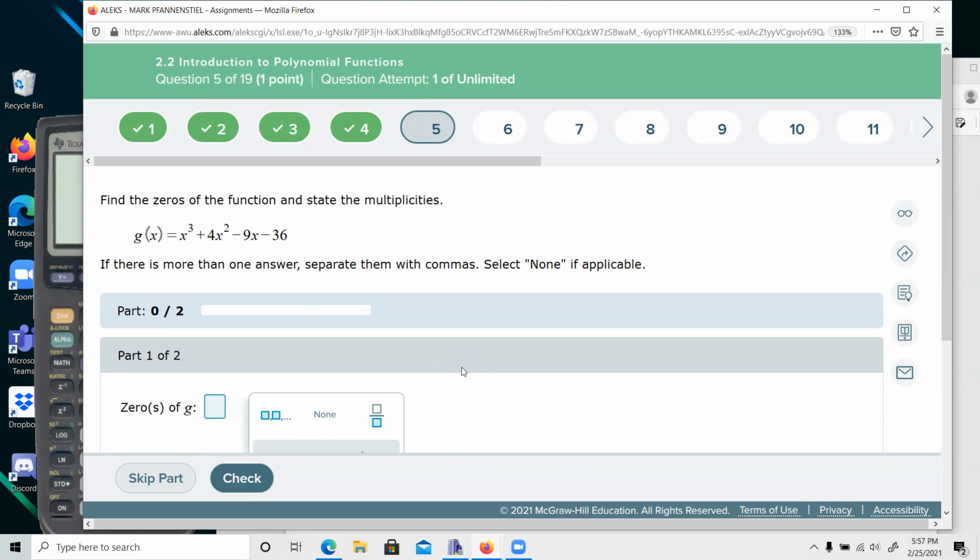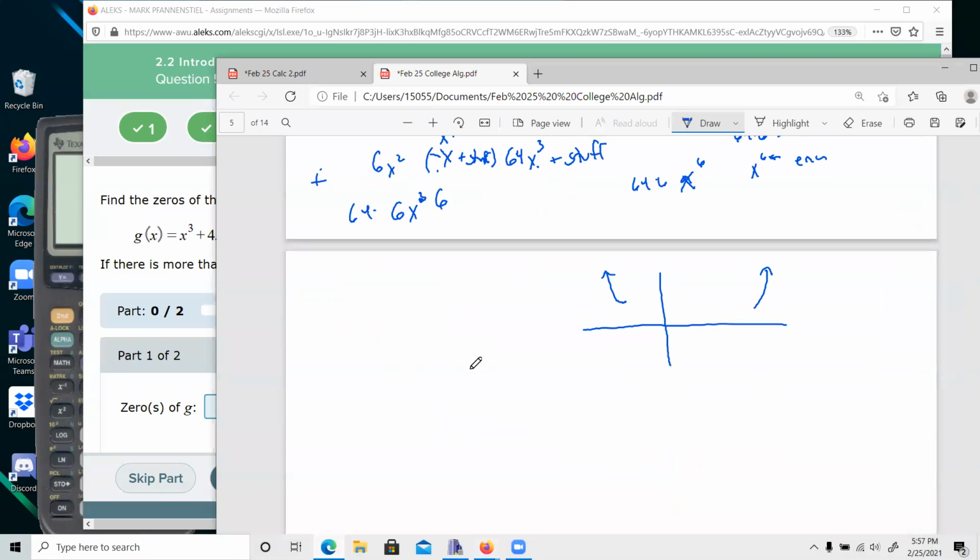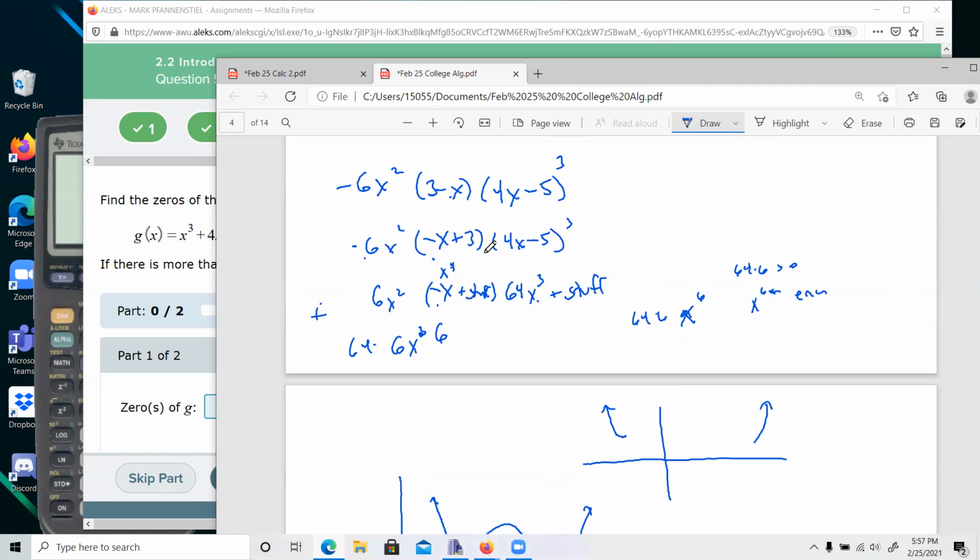Next thing we're going to do is find zeros. What we're looking for is where it crosses the axis. So if I have something like this, we're looking for where it crosses. In this case, they kind of told us.